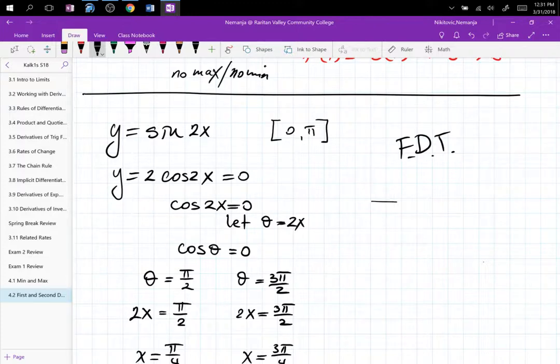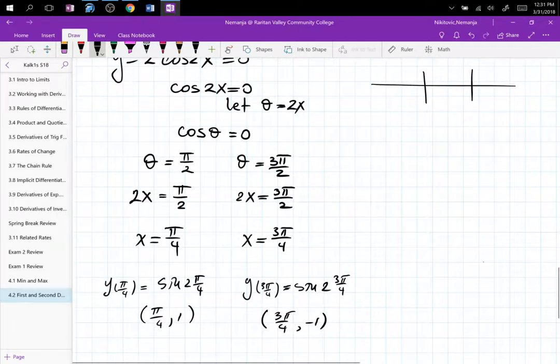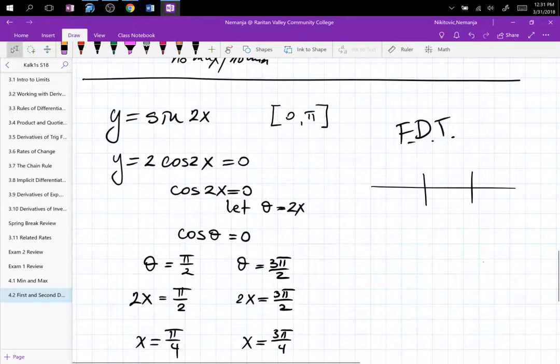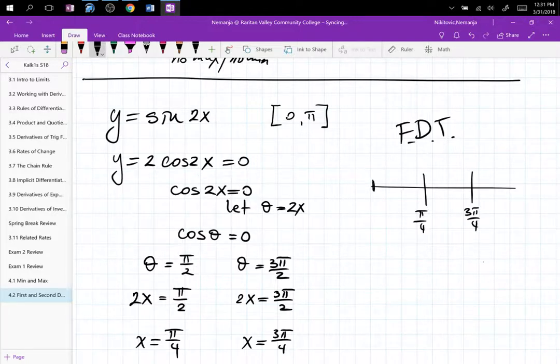Partition. Now I have 2 critical points to worry about. Pi over 4 and 3 pi over 4. On this end I have 0. On this end I have pi because it's the problem that cut off.